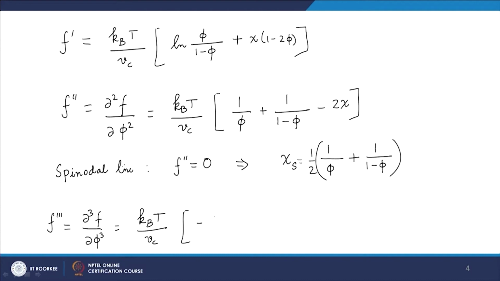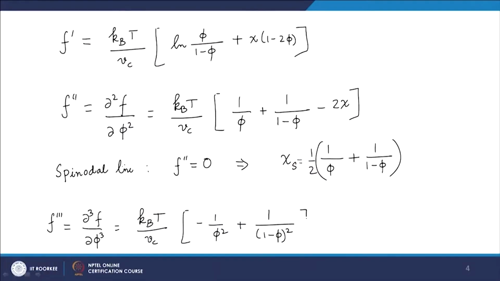So, this has to be minus 1 by phi square plus 1 by 1 minus phi square. There is a cancellation of minus signs. This has to be equal to 0 at the critical point.